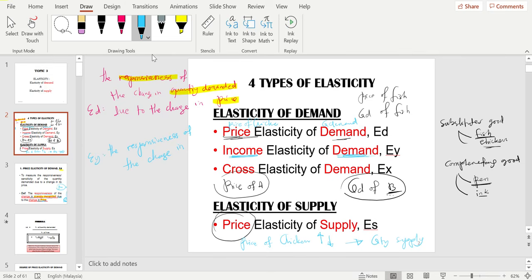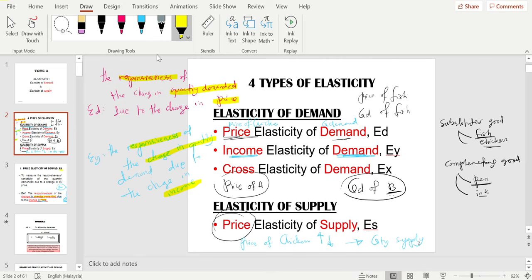Demand dulu. Kita mention perubahan pada demand kan? Sorry. In quantity demand is the same, due to the change in income. So basically, it's about responsiveness, perubahan quantity demand, same here. But bila income berubah.